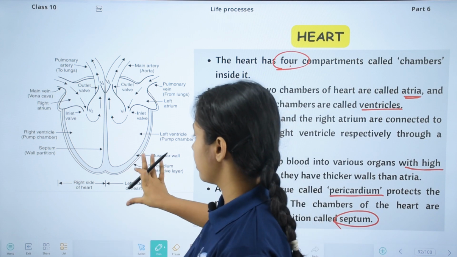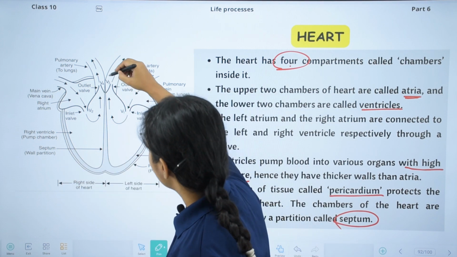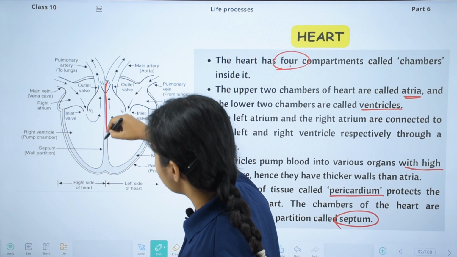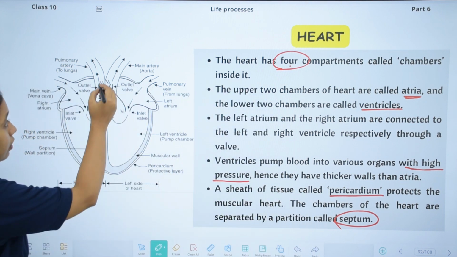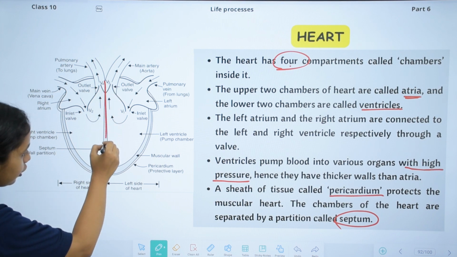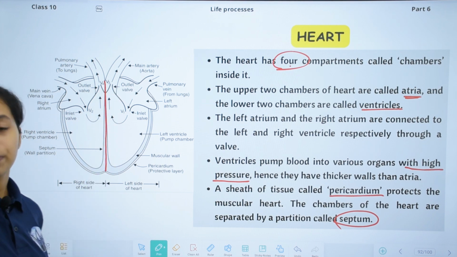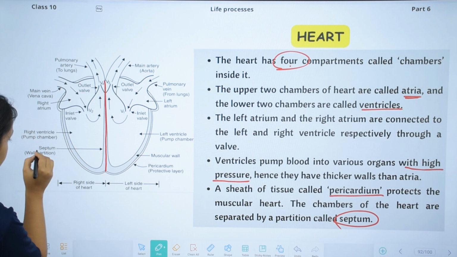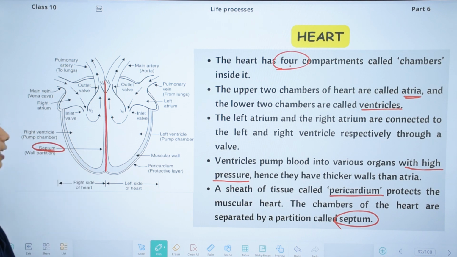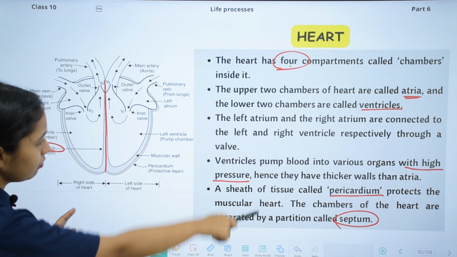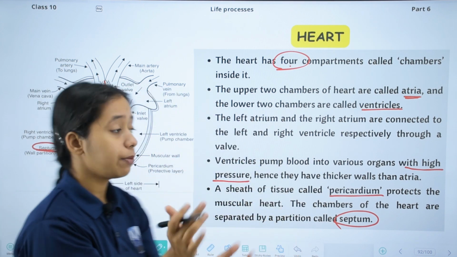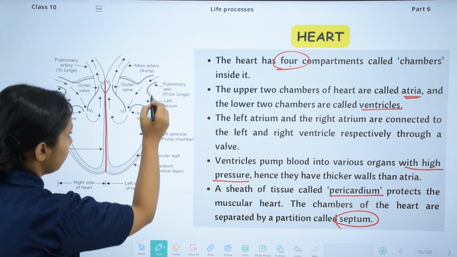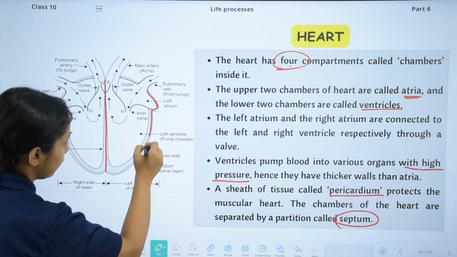Look carefully: this is the left side, this is the right side, and between the two there is a partition. This partition is the septum, the wall partition. And the pericardium is the protective covering of the heart, the covering that protects the whole heart.